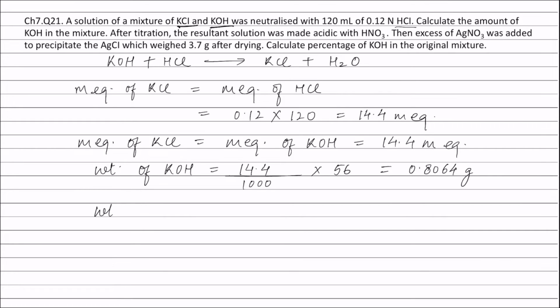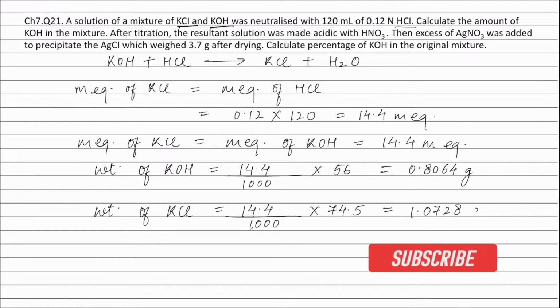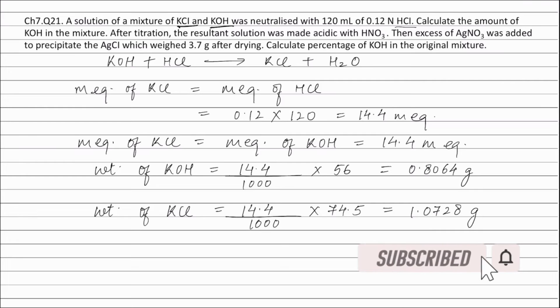Similarly, weight of KCl formed will be equal to equivalents of KCl, that is 14.4 divided by 1000, times equivalent weight of KCl, that is 74.5, and this is equal to 1.0728 grams. Now when excess of AgNO3 was added, the AgNO3 reacts with KCl to form AgCl.